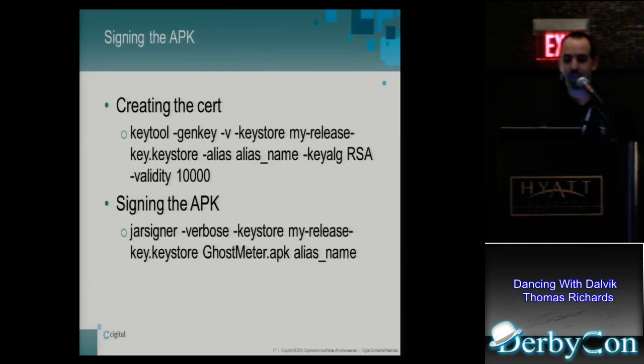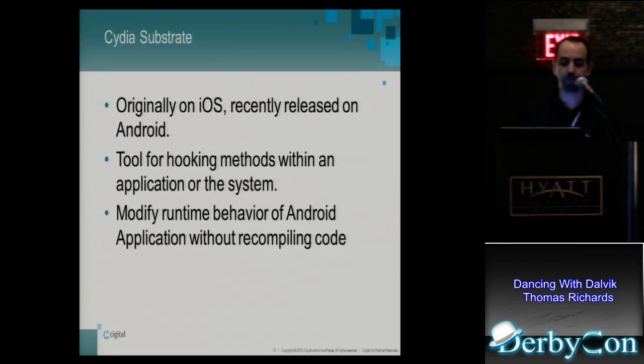So this is just a quick example I pulled off the web of how to create a cert if you don't have the SDK installed, and then how to sign the APK. You create the cert with keytool, which is a Java tool from the Java SDK. And then jarsigner is also in there, which allows you to sign the APK. Jarsigner is also used to sign jars. So, similar process.